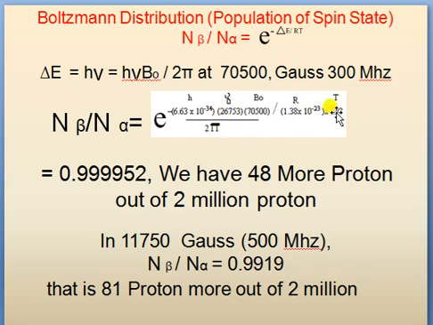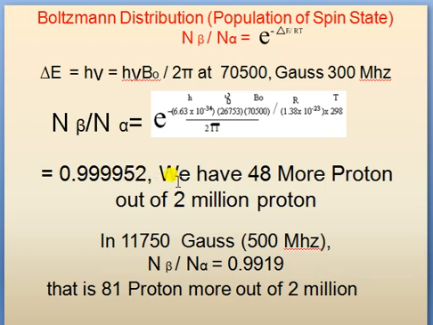If we find this value, the ratio is almost 1, that is 0.9999945. So it is very small, actually almost 1.